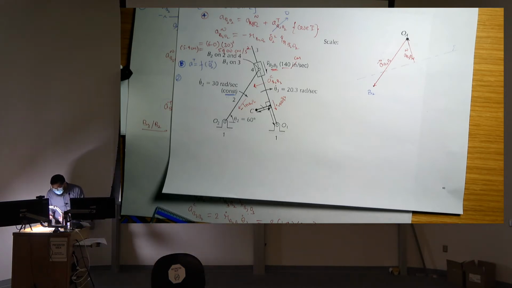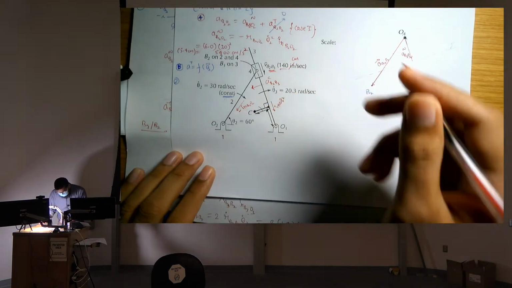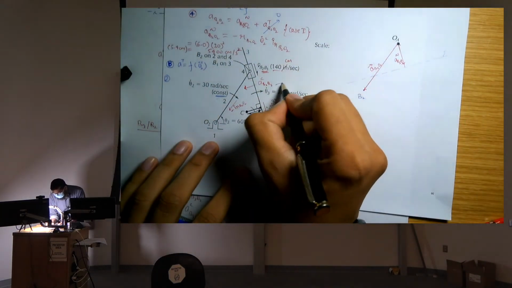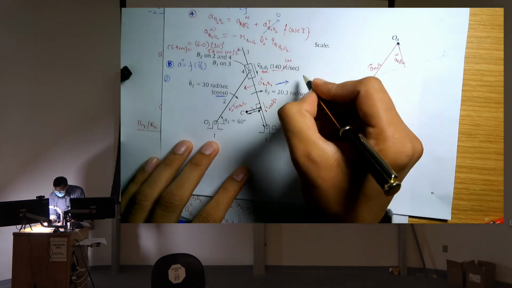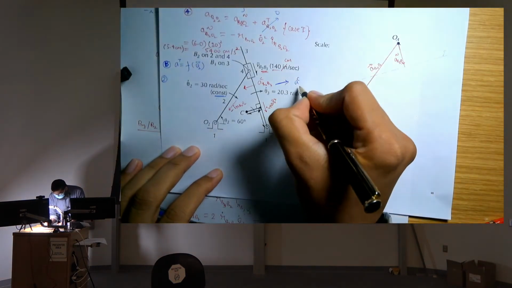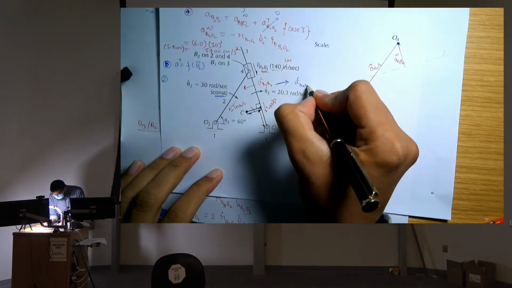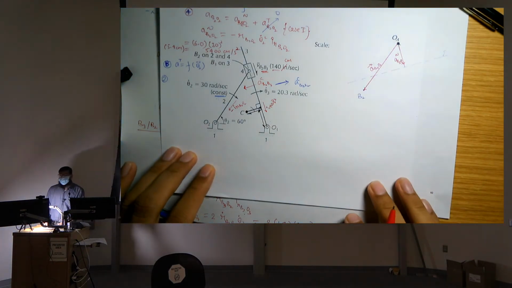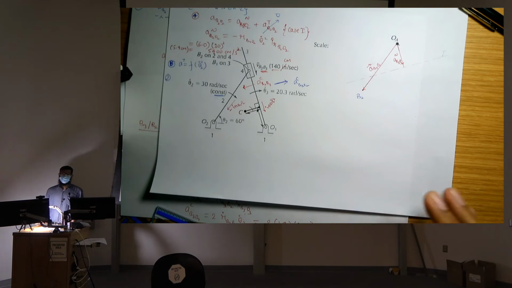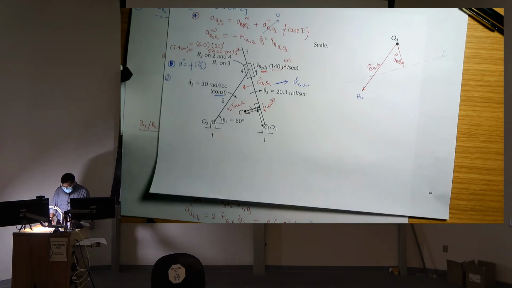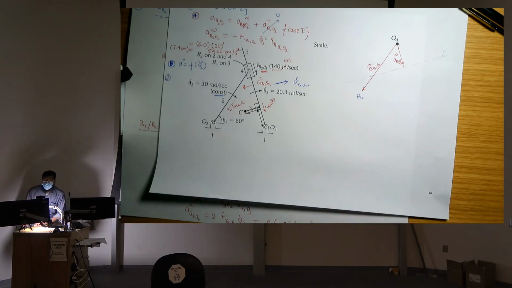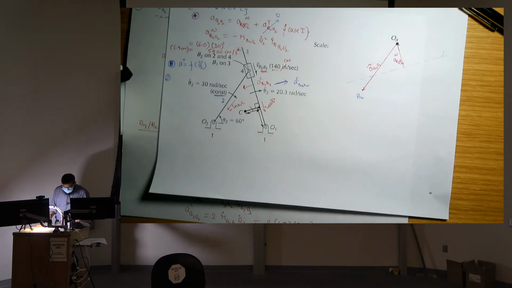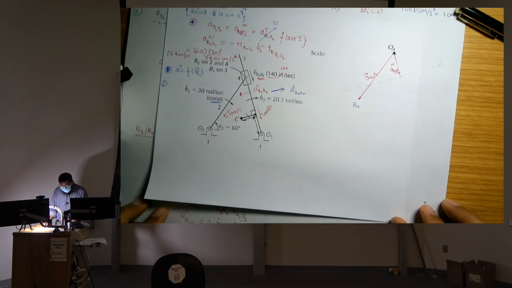So the Coriolis's component for this one is in this direction, so that would be your AC, B3, B2. Okay, we have the magnitude as well as the direction of Coriolis's component. So now let's see, we can place it on our velocity diagram. So where would be the starting point of this one?